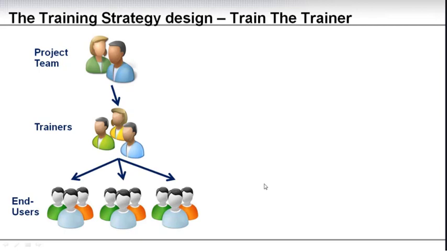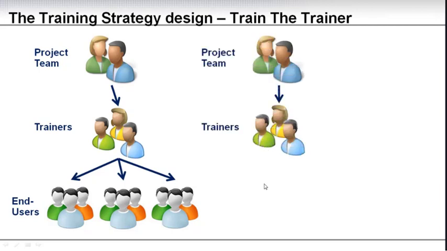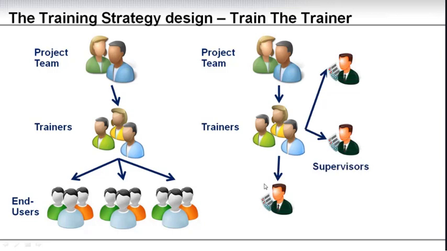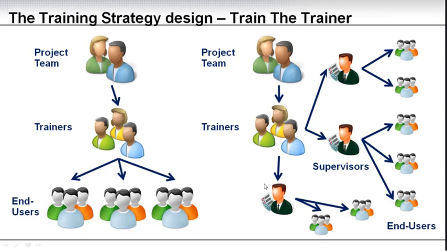The trainers might be selected end users that will get the role as a trainer or a super user. Often power user, super user, trainer, those are terms commonly used for that group. Another way is the project team trains the trainers, and then the trainers will train a number of supervisors, who then will train the end users.